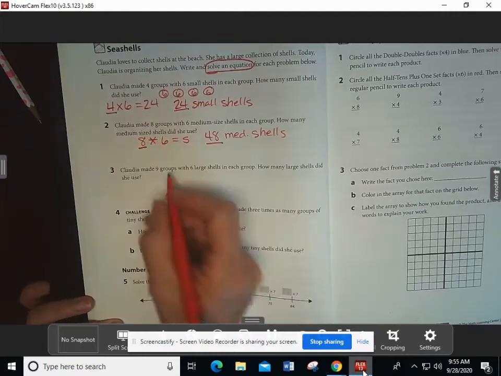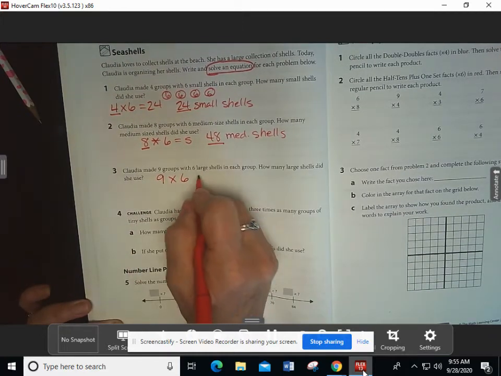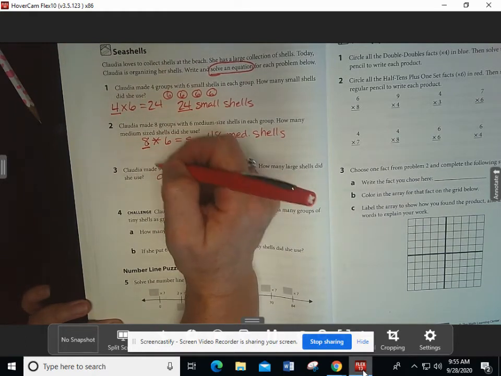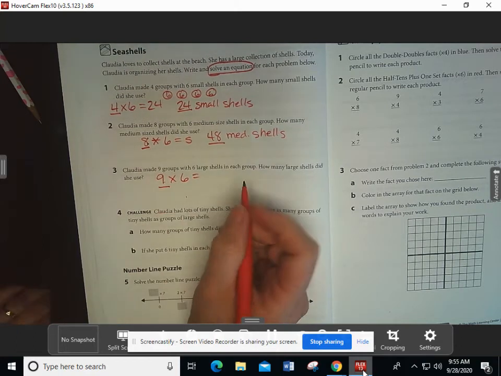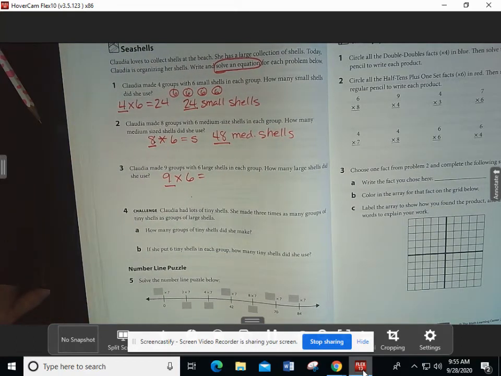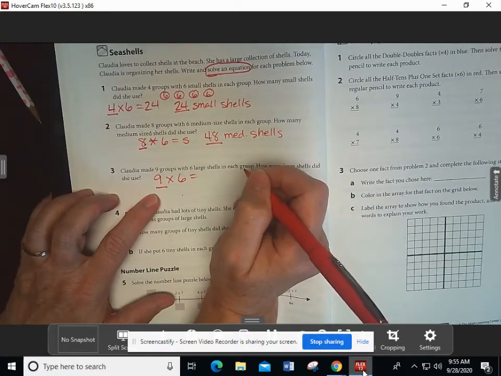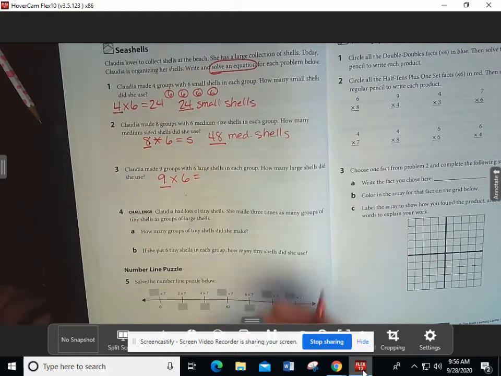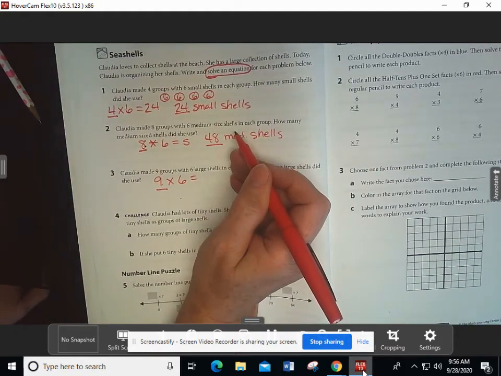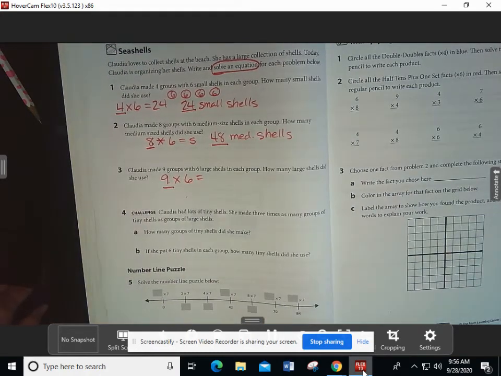Looking at this next one, we have 9 groups of 6. Did you notice the difference between the 8 and the 9? It means we have to add one more group. And how many are in each group? Think about this. We have 6 shells in each group. So we have another set of shells added.